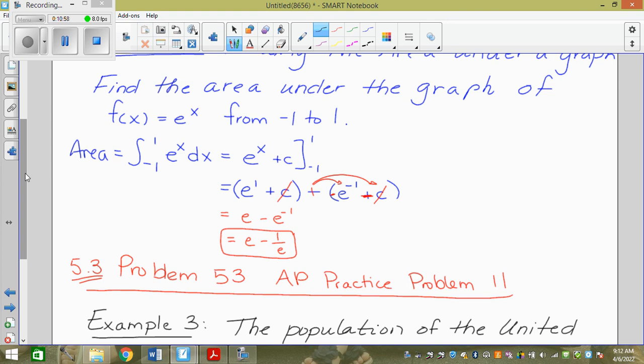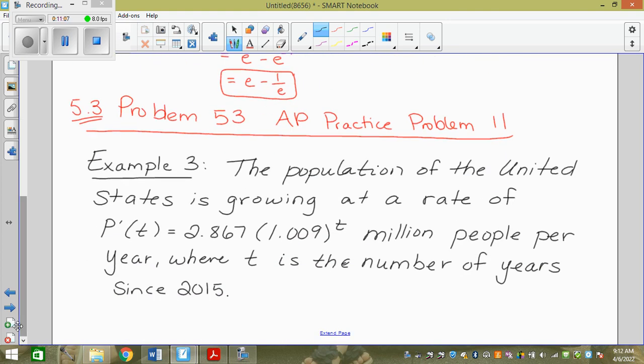I was just going to say, why wouldn't this be just a regular 30-1 growth decay? So what they do is they can throw it in a rate of change, or they could do it in a basic one too. But this is their way of giving you a basic word problem that they could use calculus on, right?